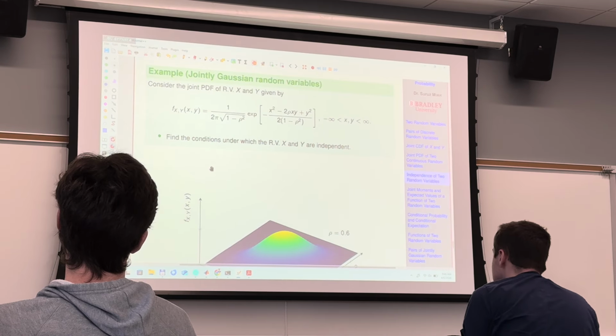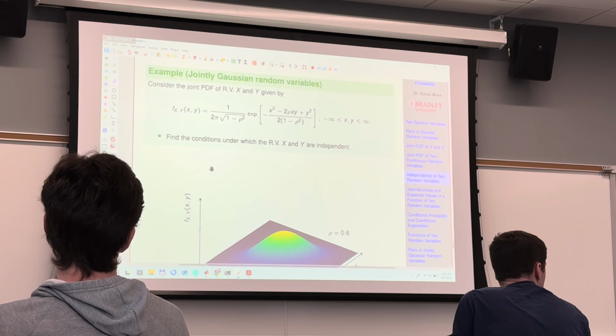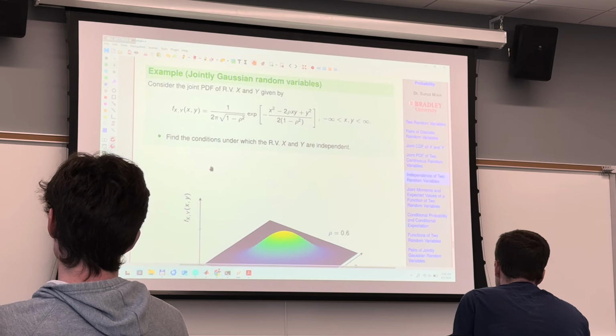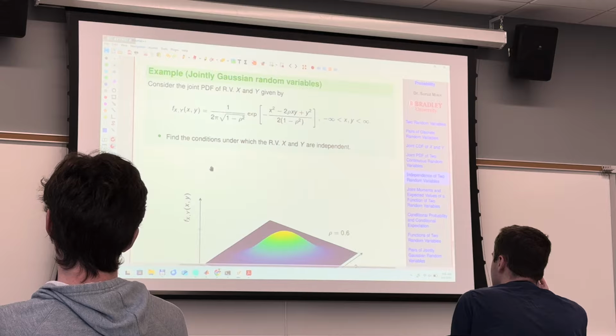So we have the joint PDF of two standard Gaussian random variables x and y.